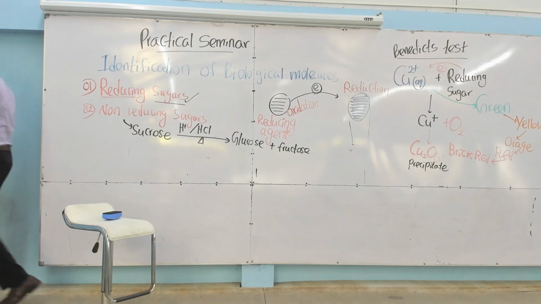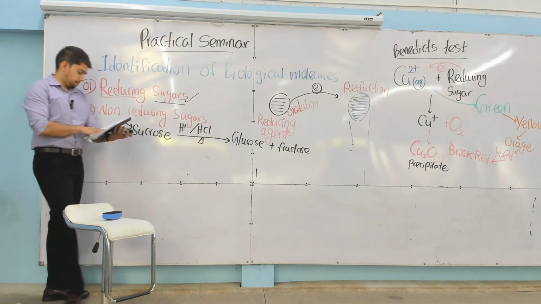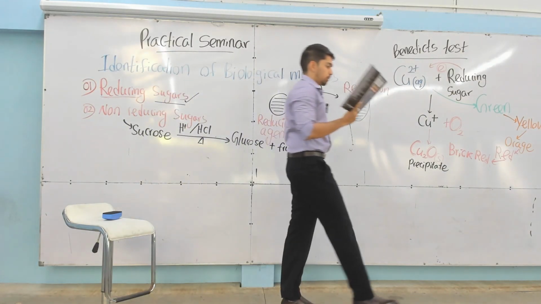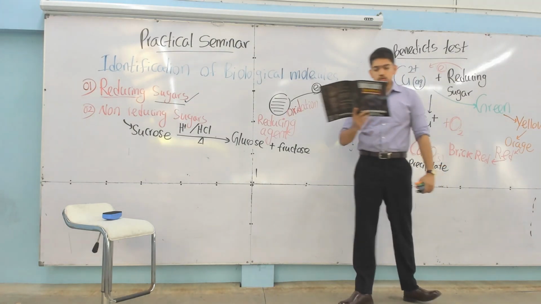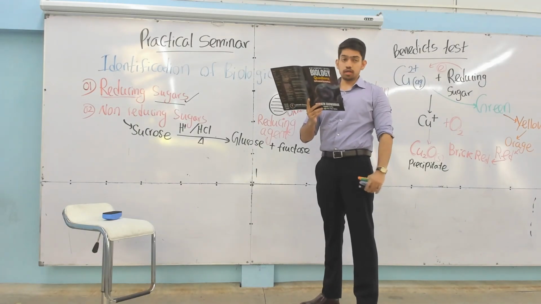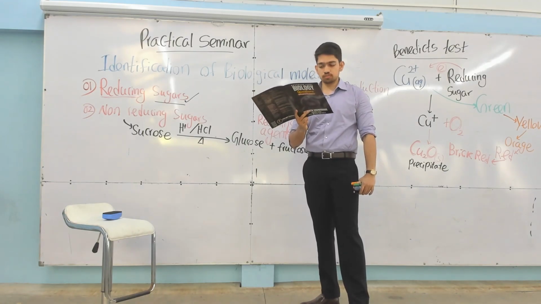So, come to the practical guide. Page number 12, identifying reducing sugars in the laboratory. Reducing sugars such as monosaccharides and some disaccharides. Highlight the list of your reducing sugars: glucose, fructose, galactose, maltose, lactose.